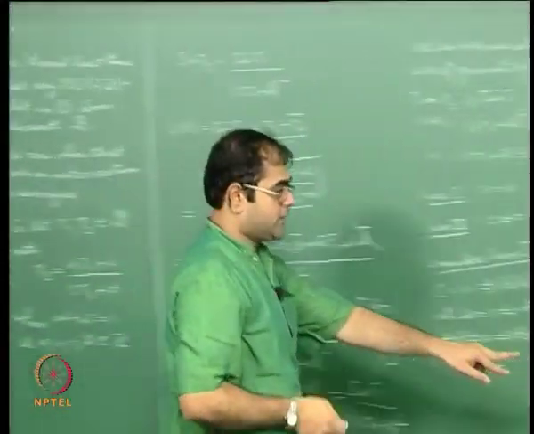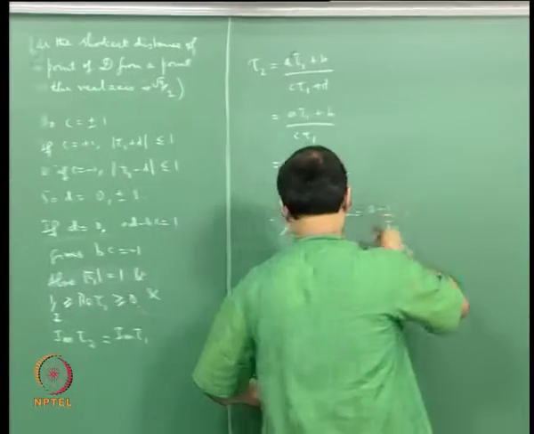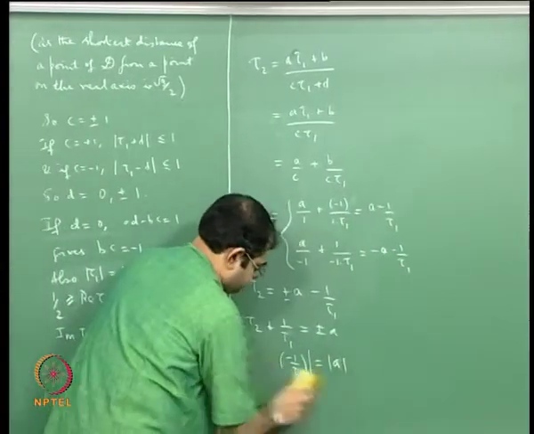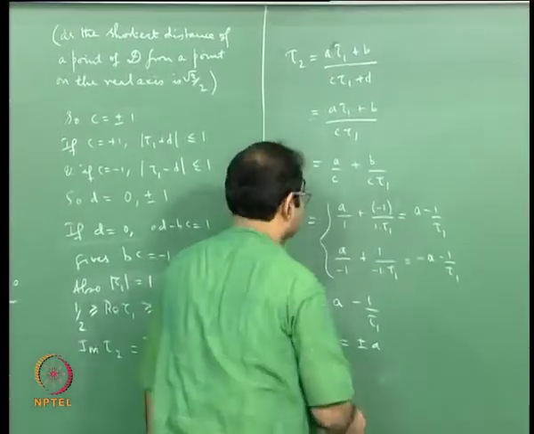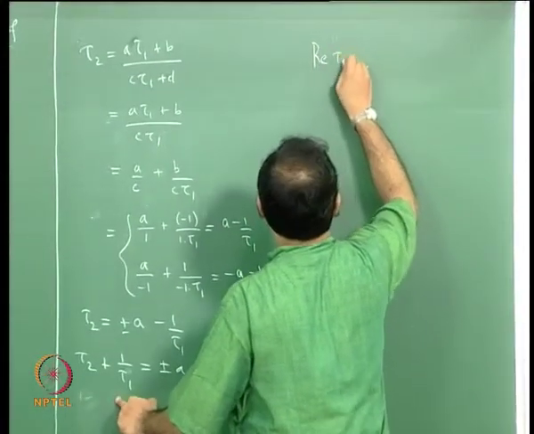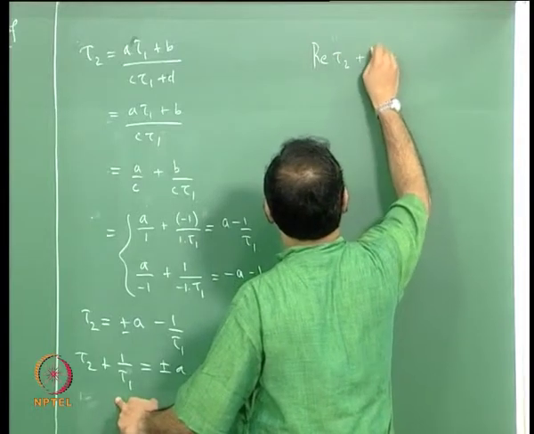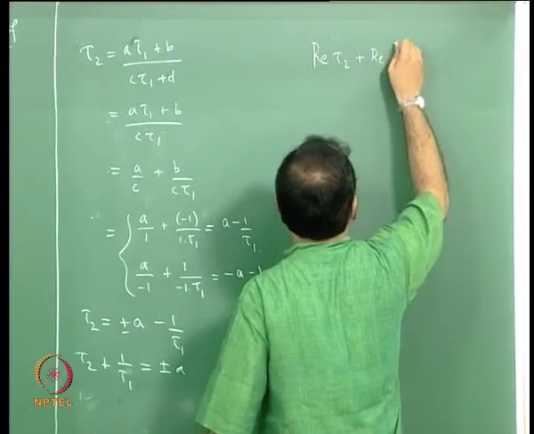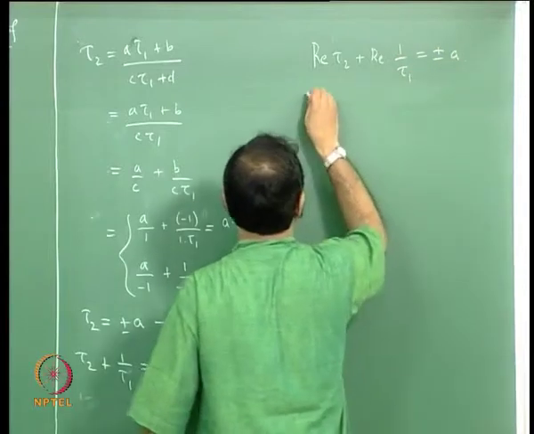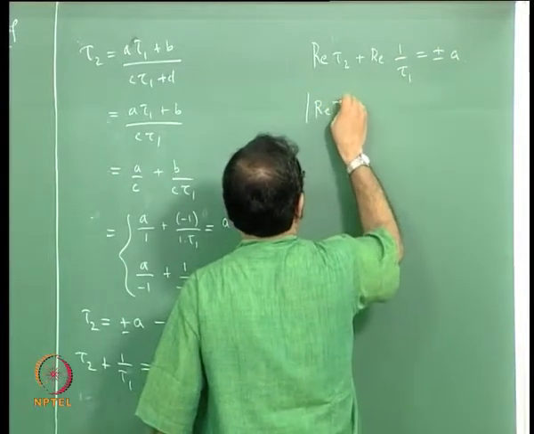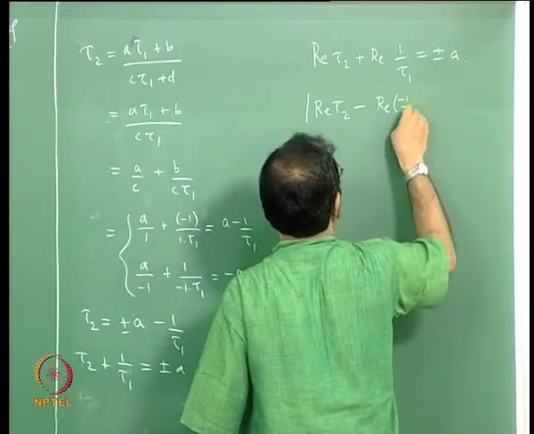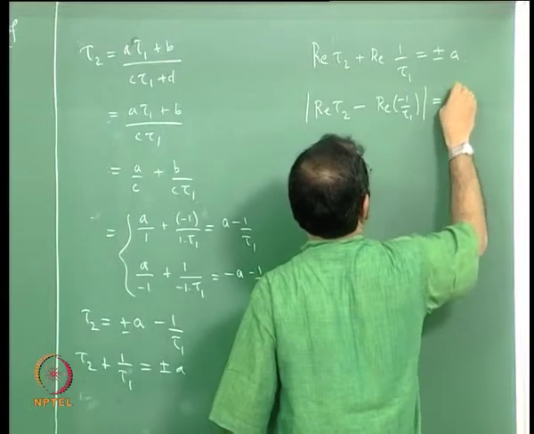So at this point let me first take the real part. I will have the real part of tau 2 plus the real part of 1 by tau 1 is plus or minus a, and now I take the modulus. I will get the real part of tau 2 minus the real part of minus 1 by tau 1 is equal to mod a.